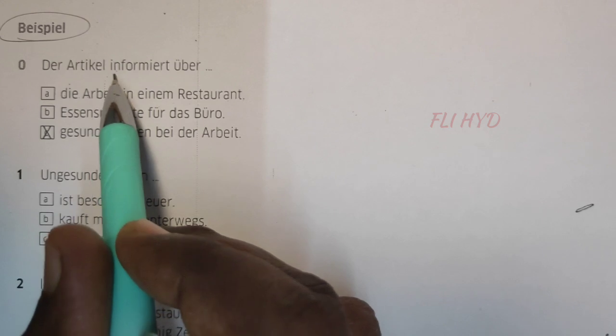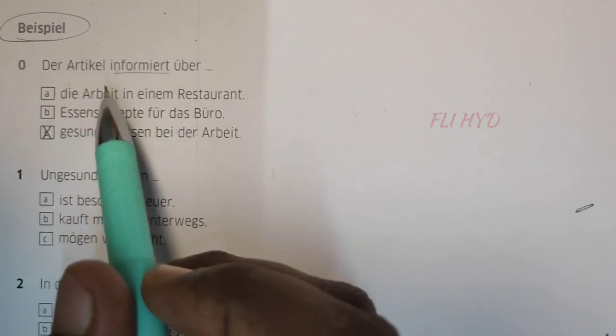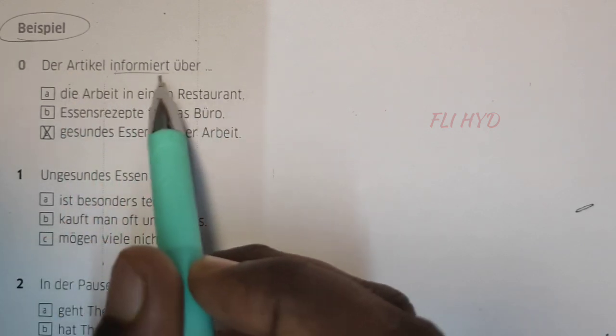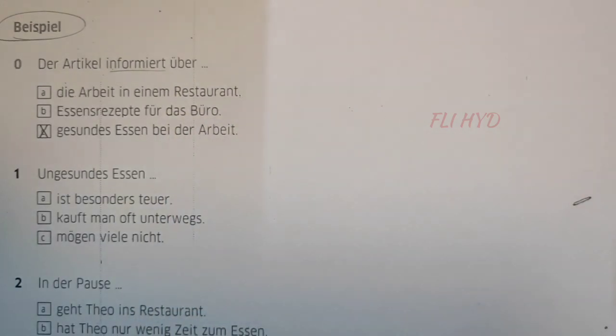Der Artikel informiert über. So the article informs about, informieren über, to inform about.